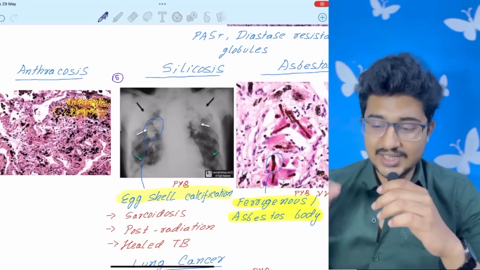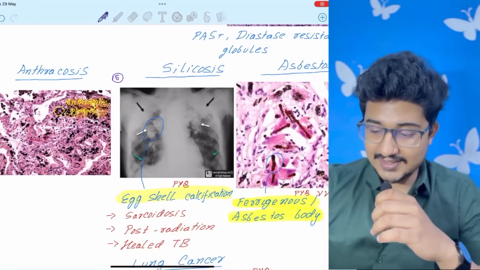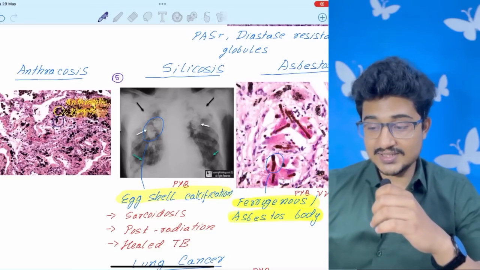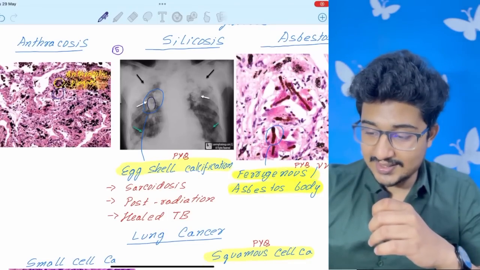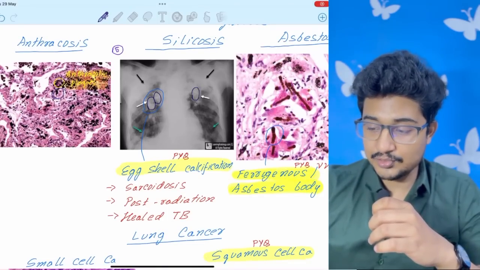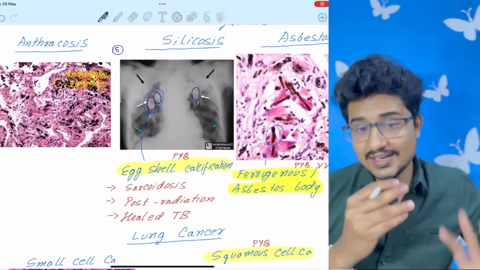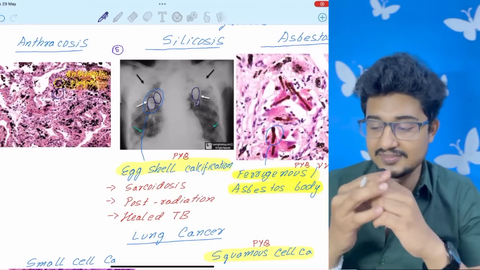The last image that I will show of pathology is anthracosis. As the name suggests, you will see black pigment deposition. In case of silicosis, what you can see is egg like shape calcification of the lymph nodes. This is called eggshell calcification. Now they ask in which other conditions you find eggshell calcification.